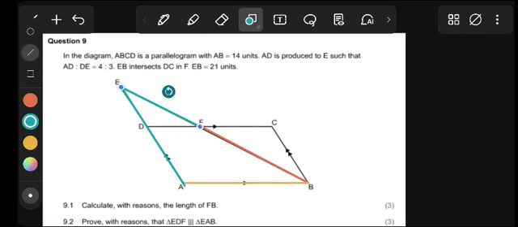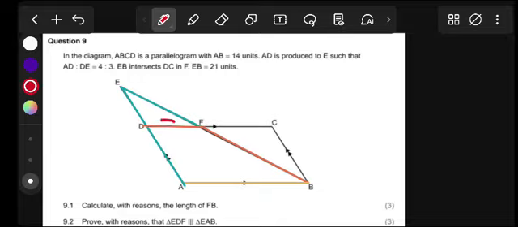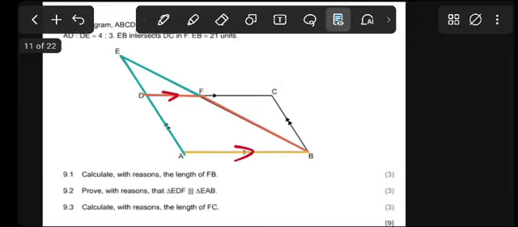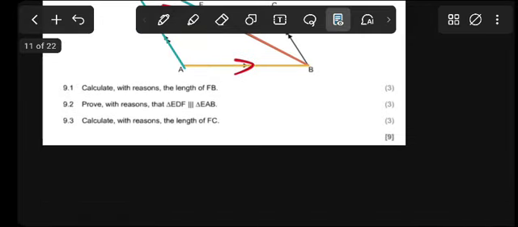You see, there we have our parallel lines. So we can apply our proportionality theorem.